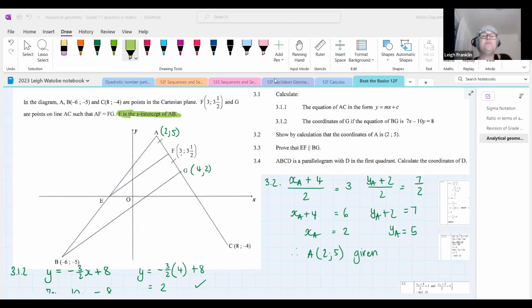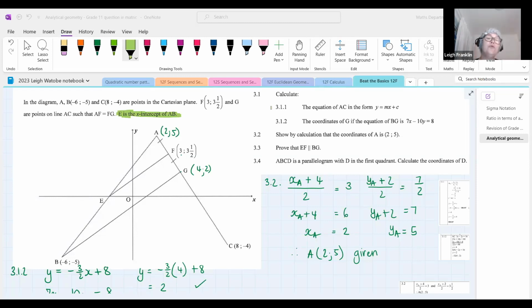Okay, but just be careful. We don't know that E is the midpoint of AB. Okay, it is, but we can't assume that it is until we've proved it. So rather get the equation of line AB and work out the coordinates at E by making y zero as your x-intercept.